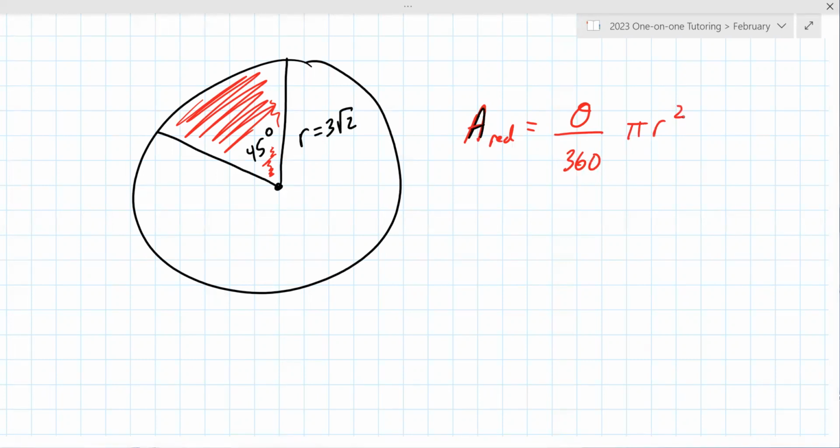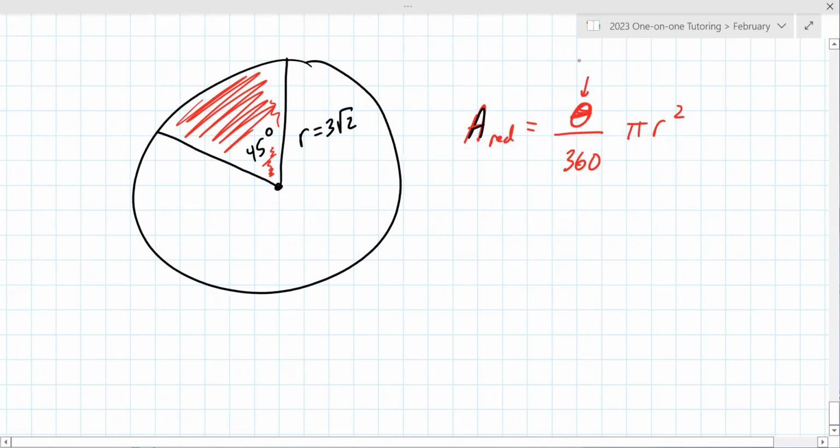We're already given the radius, correct? Yes. You don't do anything unusual. I'm just asking you to use the formula, put the numbers in, give me a final answer. So would I write 0 over 360? It's the angle.